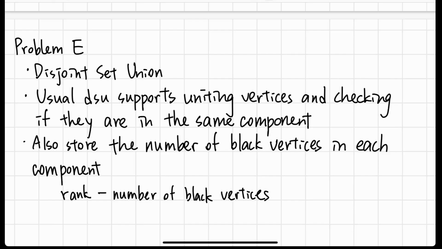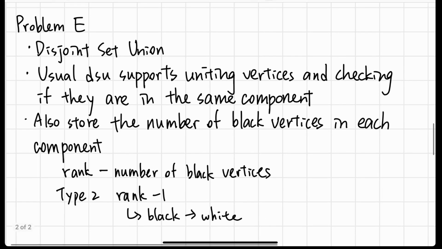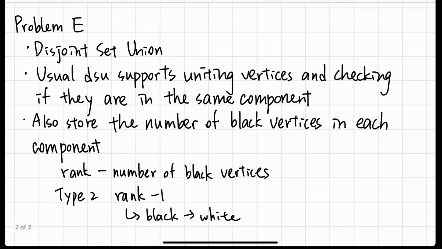And when I encounter a type 2 query, if it was originally black, I switch to white, then I subtract rank by 1. But if my color was originally white, I do the opposite and add 1 to rank.